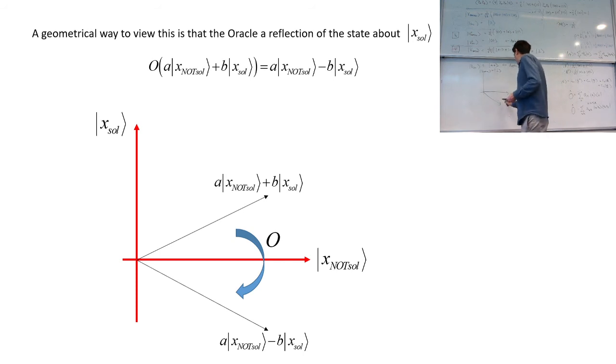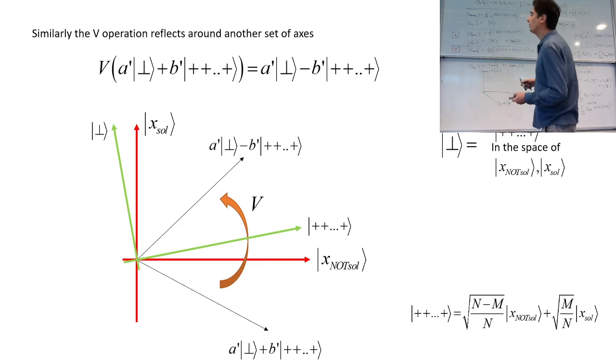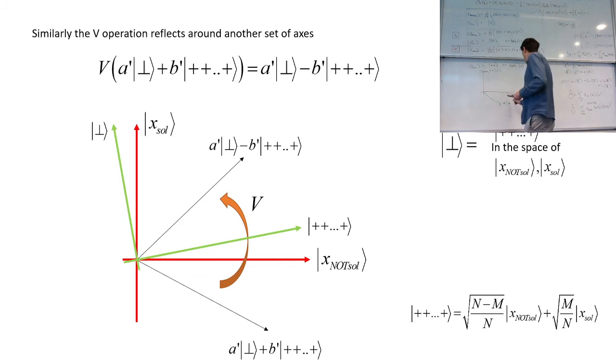If I had a state which was A, sorry, which way around do I have it? Yeah, perpendicular minus, say, B of the plus states.